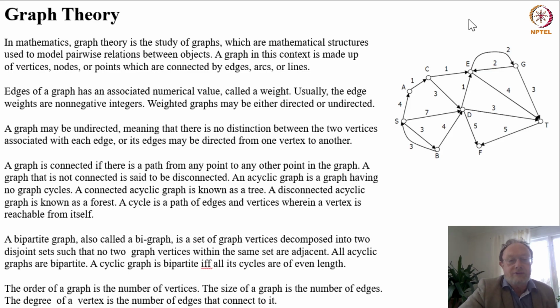In mathematics, graph theory is the study of graphs, which are mathematical structures used to model pairwise relations between objects. A graph in this context is made up of vertices or nodes, which are connected by edges or arcs.